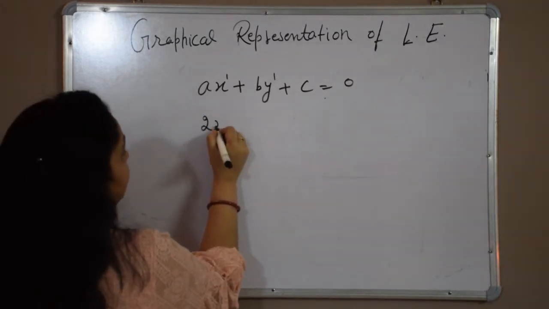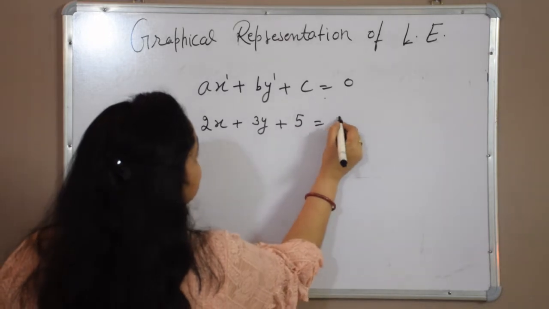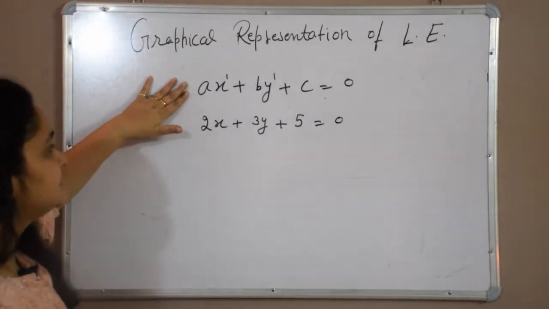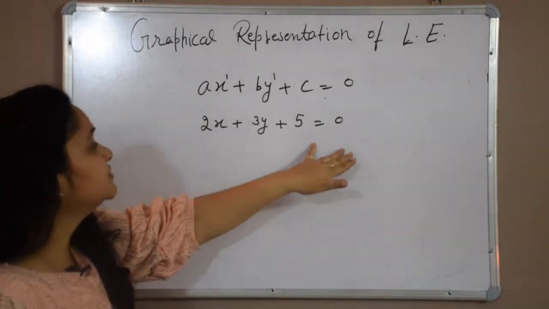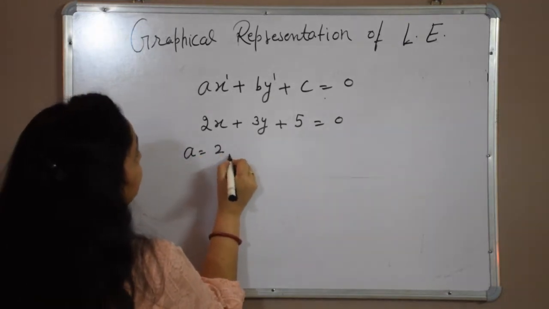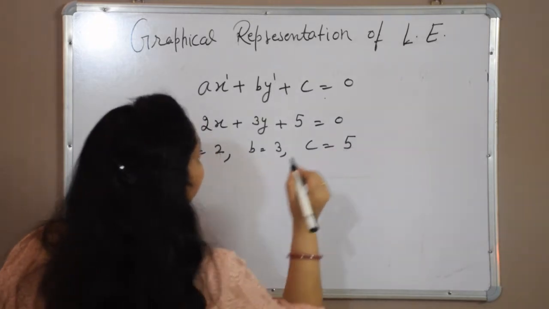Take an example: 2x plus 3y plus 5 is equal to 0. This is also a linear equation. By comparing with the standard linear equation in two variables, we can see a is equal to 2, b is equal to 3 and c is equal to 5.